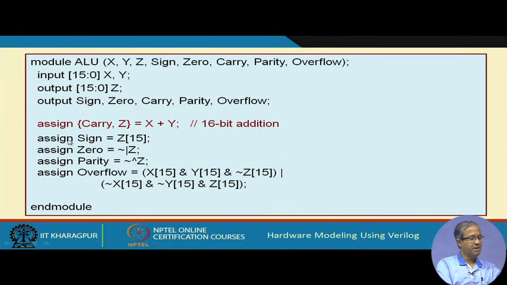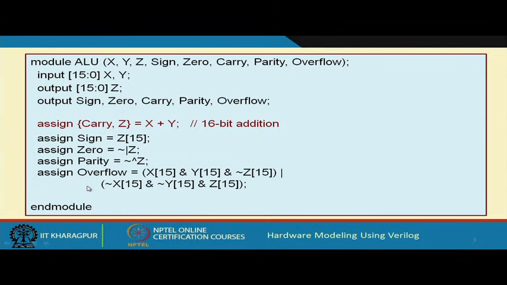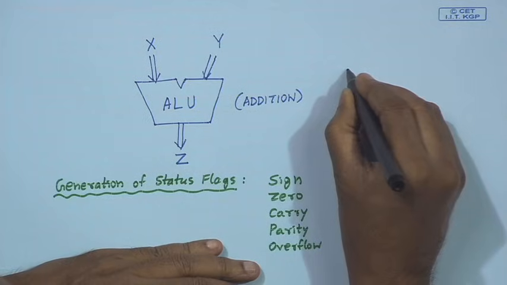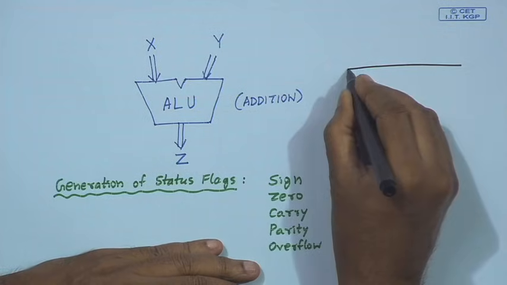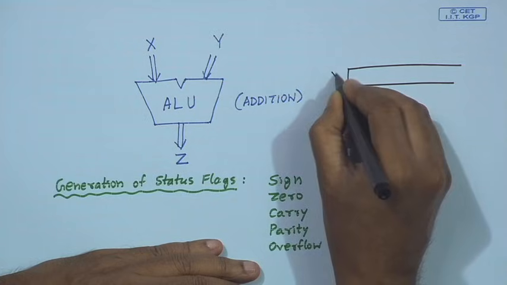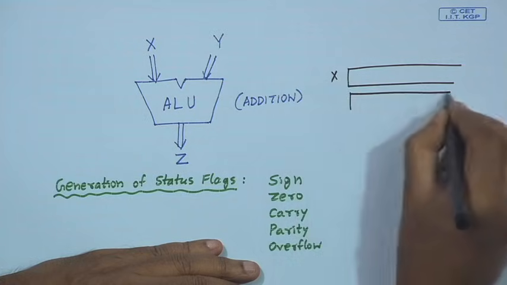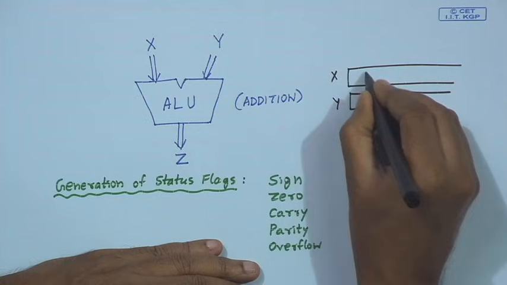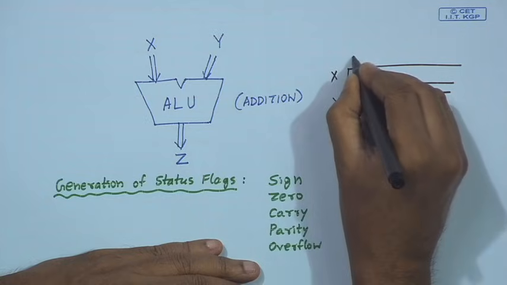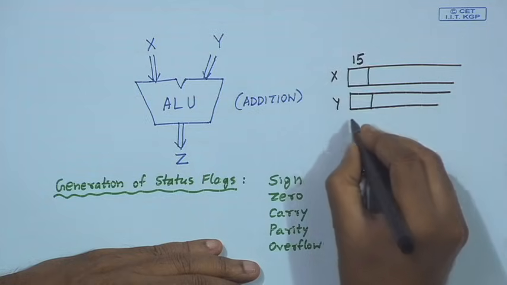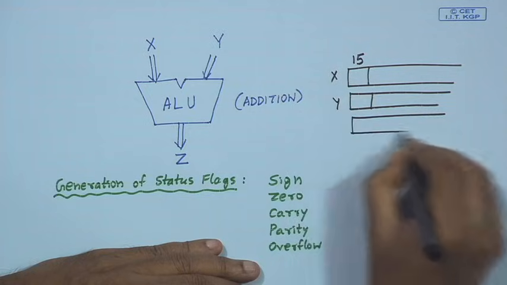Okay. Now, overflow, there are various ways to detect overflow. The way we are implementing overflow is like this. Let us say we have a number x and y. This is our bit number 15, our most significant bit, and this is the sum z.